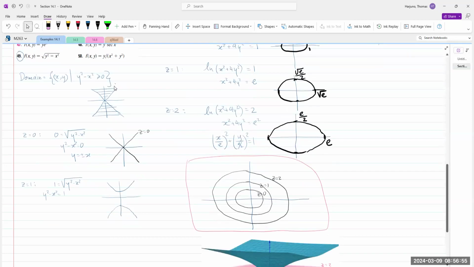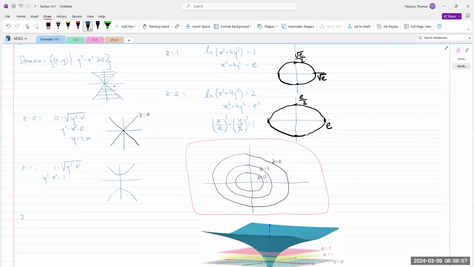And then what happens when c equals 2? That means y squared minus x squared equals 4, right? And the hyperbola is, I think, even larger, right? Like that.